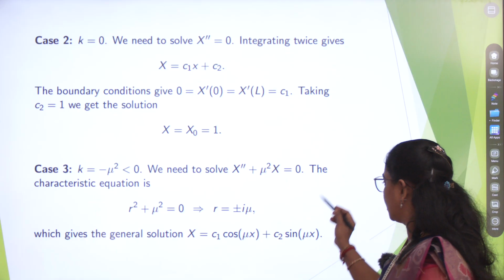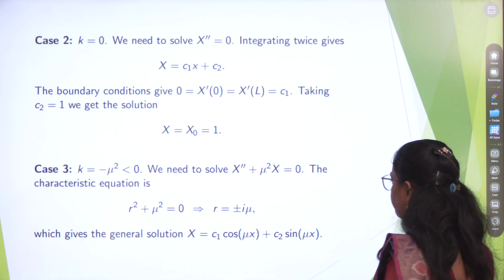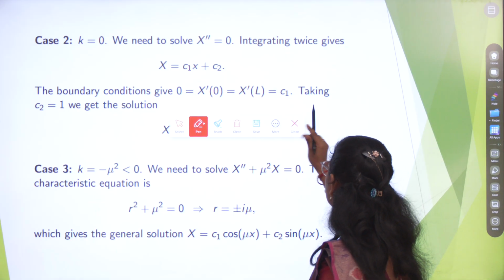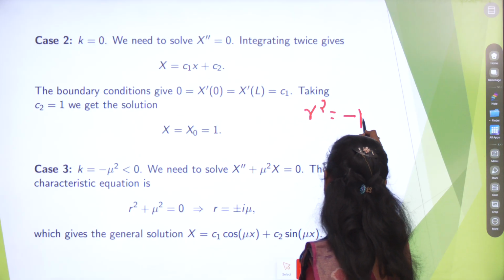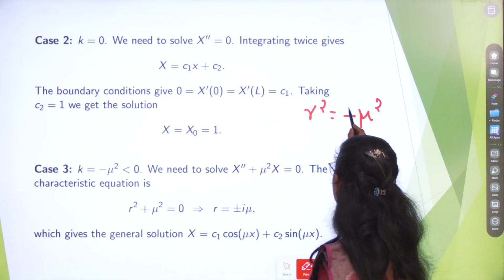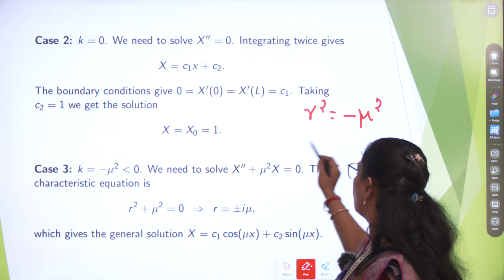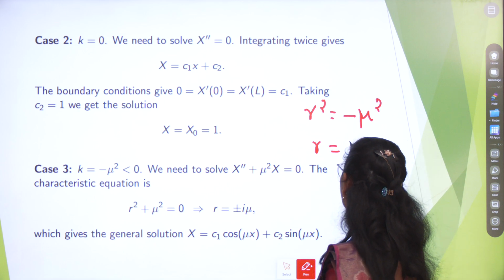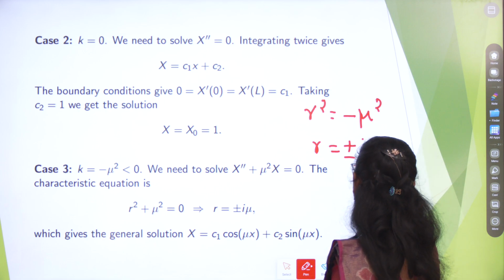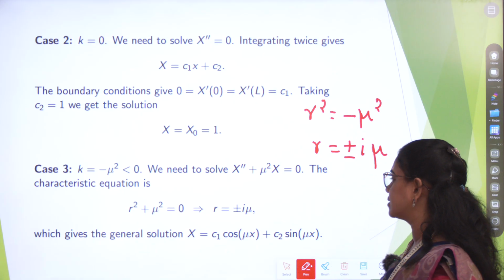Taking mu square to the opposite side, r square equals minus mu square. Minus means it is complex, imaginary. So r equals plus or minus i mu. It is a complex root.